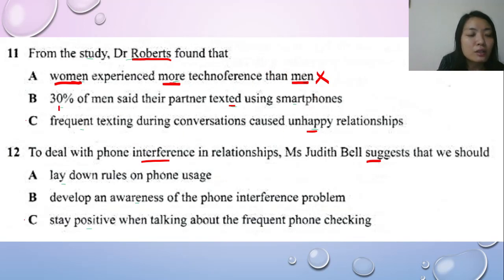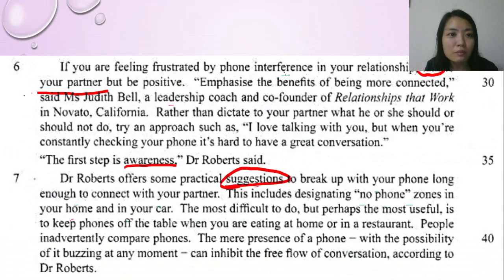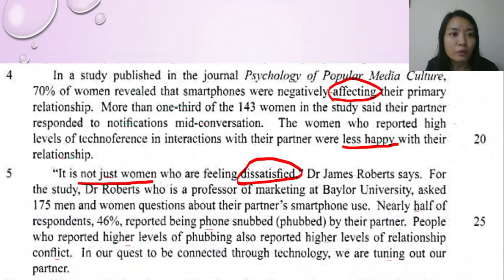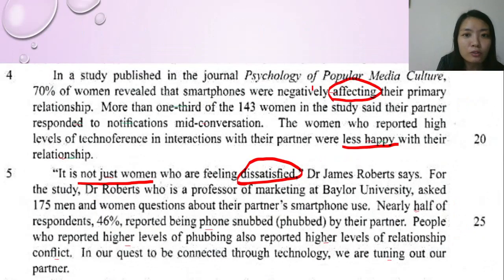All right. Let's look at the next one. 30% of men said that their partner texted using smartphones. So again, look at the question. Also from Dr. Roberts. Okay, it's not just women. This is his study again.